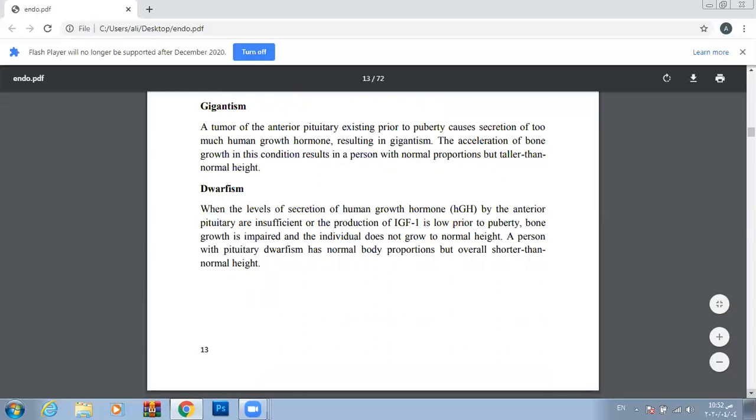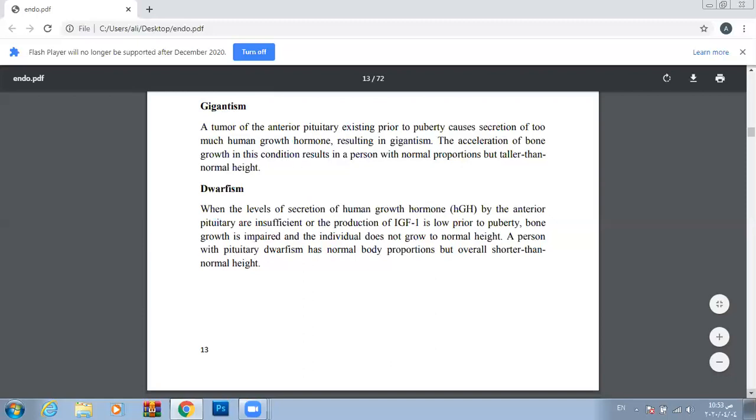Resulting in gigantism, the acceleration of the bone growth, and this condition results in a person with normal proportion but taller than the normal. هذا من يطلع نشوفه انه طويل القامة اطول من اقرانه، لكن شبيه متماثل، يعني طولا ايديه بنفس الوقت وطولا رجليه بنفس الوقت، والعمود الفقري مالته يطول، يعني يطلع شكله منسق لكن شبيه اطول من غيره، يسمونه جيجانتزم. يصير شو وقت؟ prior to puberty.